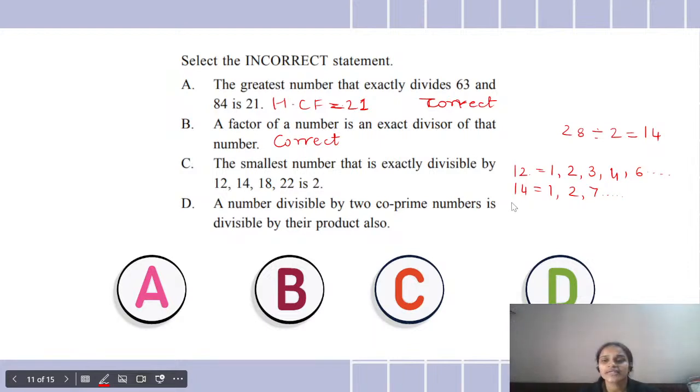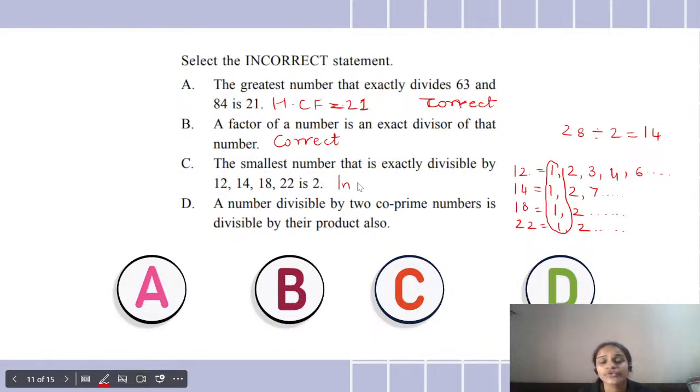I'm not writing all the factors. 18 also will start with 1, 2, and so on. Then 22 also is 1, 2, and so on. So what do you observe? The smallest number that is a common factor of all of these is 1 and not 2, children.